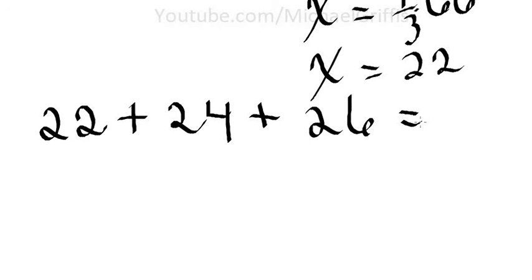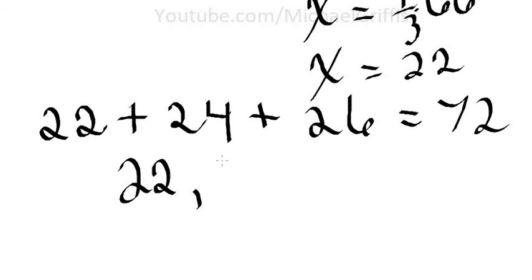And remember, it must sum to 72. So at this point, we're just assuming that it does, but let's go ahead and add it up, and it does, right? So your three even integers are 22, 24, and 26. Okay, so that works out.